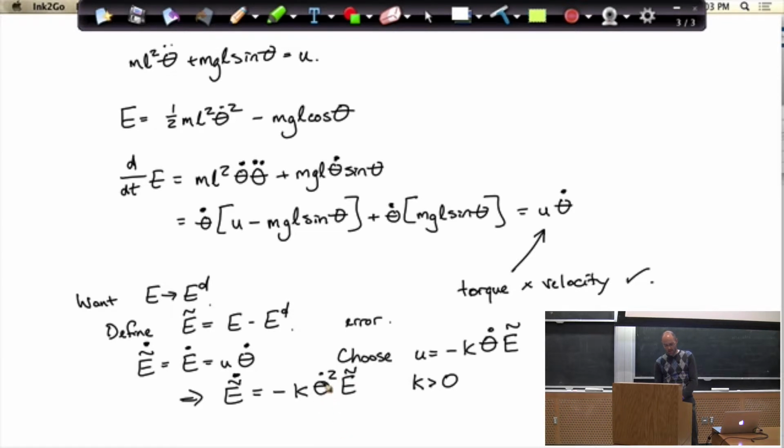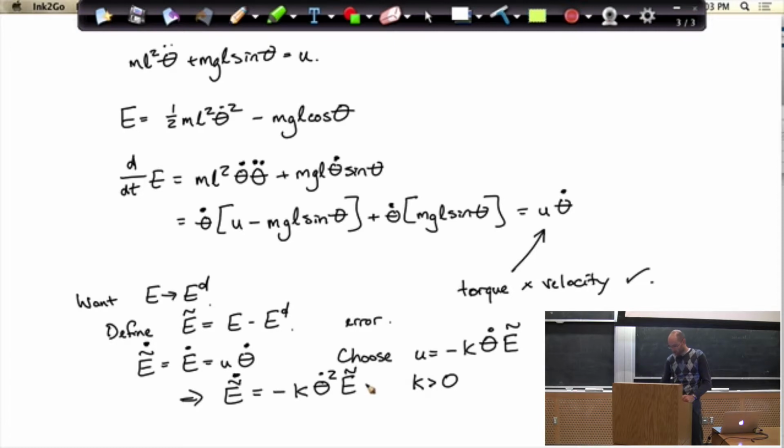But as long as theta dot is positive or negative, non-zero, then this is some positive number times negative E tilde. So that's going to imply some sort of linear-ish, exponential convergence to 0, right?